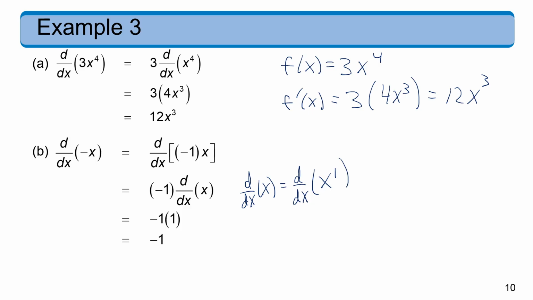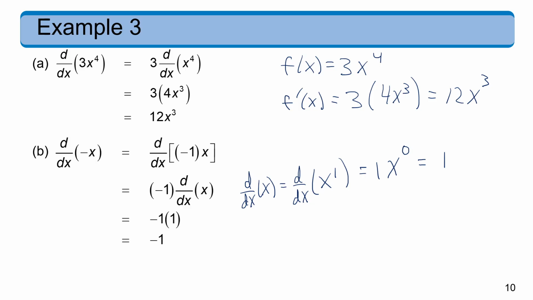So you bring the 1 down in front, reduce the power from 1 down to 0. Anything to the 0 power is 1 though, so this just simplifies to 1. So if you don't happen to have memorized the derivative of x as 1, you can just rewrite x as x to the first power and then use the power rule. So continuing on, that derivative got replaced with 1, and then we multiply these two.